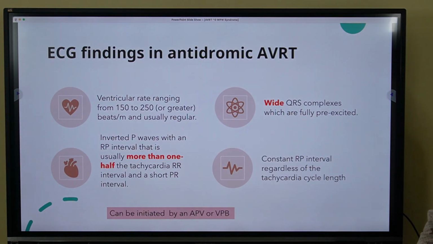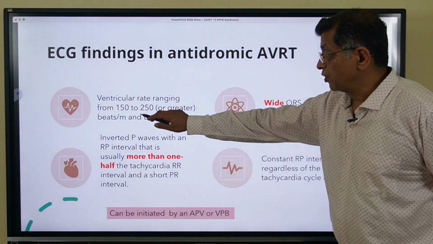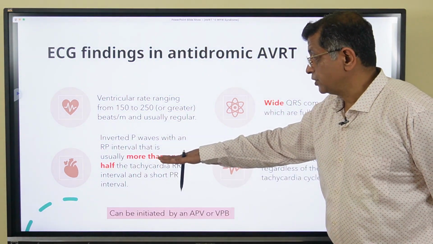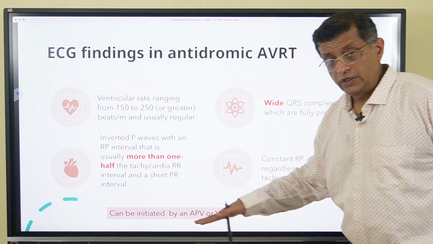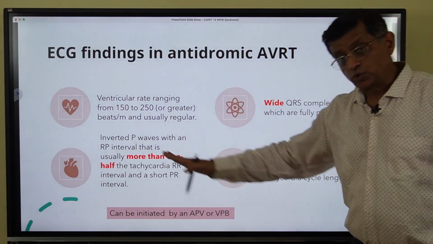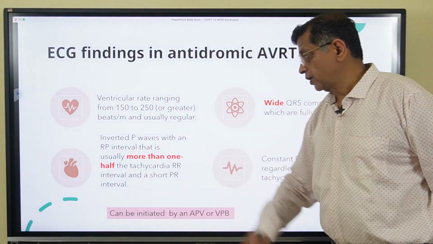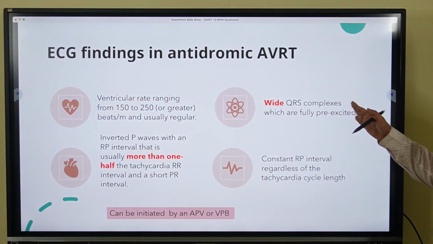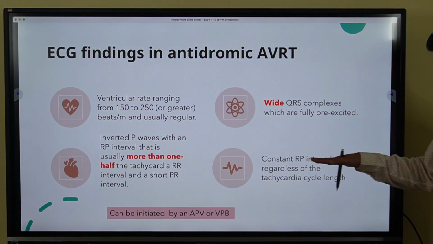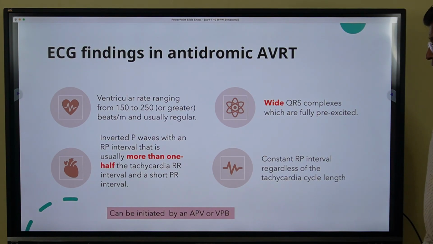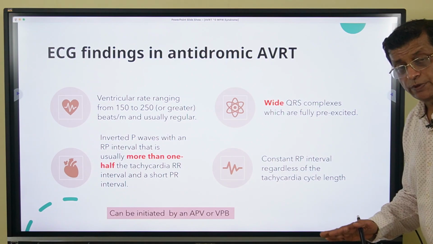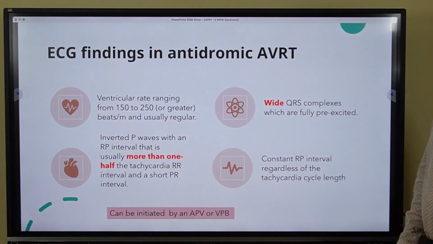The ECG findings: ventricular rate ranging from 150 to 250 or greater, inverted P waves with an RP interval that is usually more than 1/2. So this is a long RP tachycardia, with wide QRS due to the delta waves. Wide QRS complexes which are fully pre-excited, typical pure delta waves, constant RP interval regardless of the tachycardia cycle length, and this can be initiated by an atrial premature beat or a ventricular premature beat.